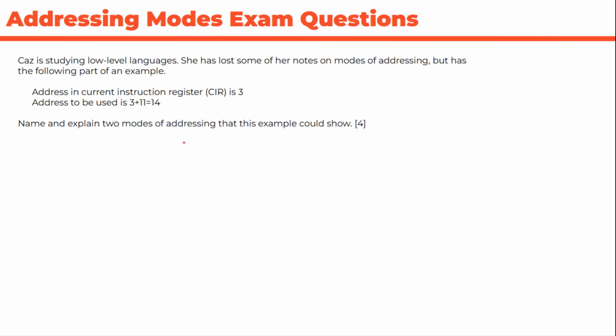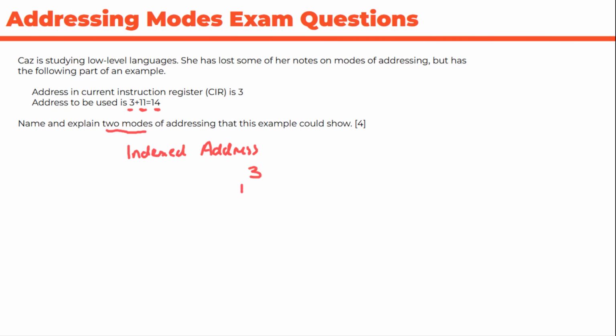Now the first one that I would explain here, you've got 2 modes of addressing, and the one that we know is indexed addressing. So remember from before, we have our base address, which is 3, and our additional one, which makes the total address itself. Okay, so indexed addressing modifies address 3 because it adds 11 to it from an indexed register.